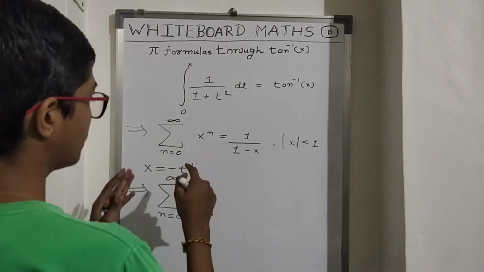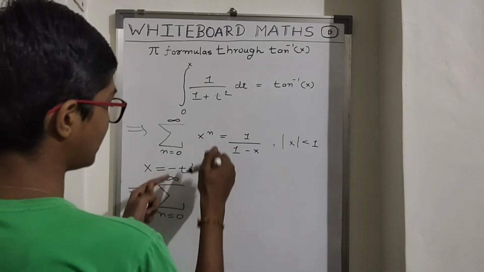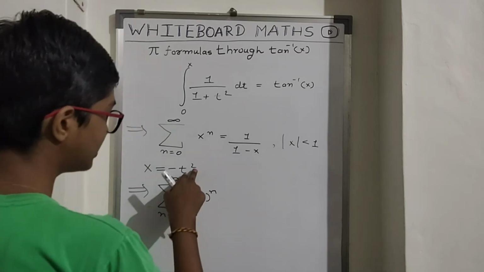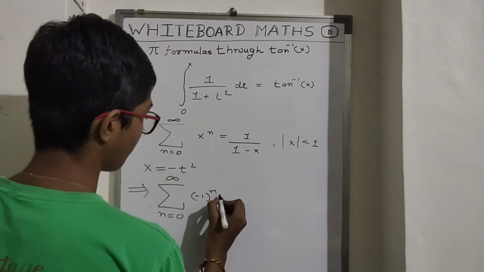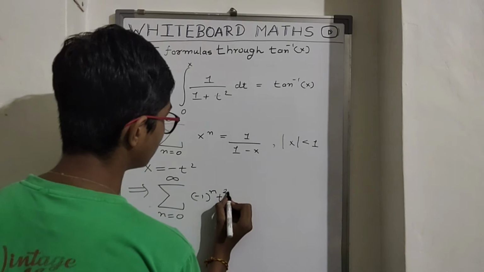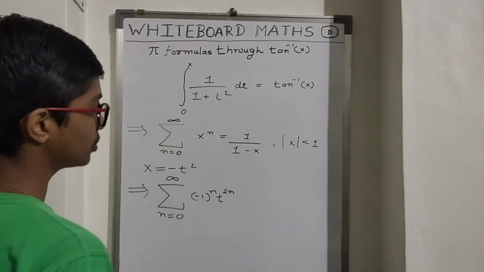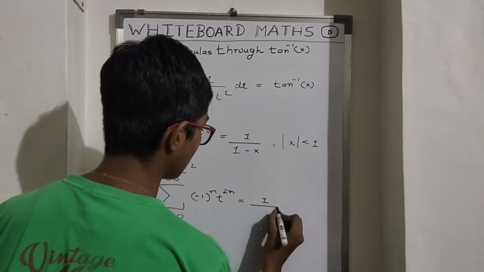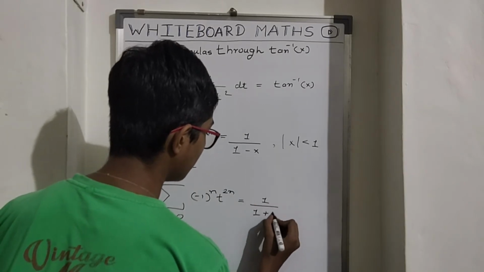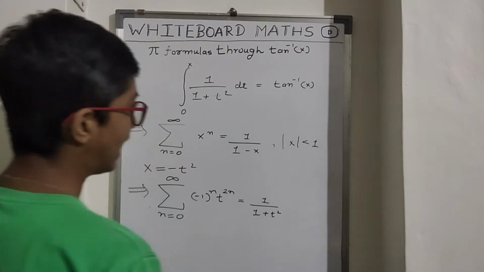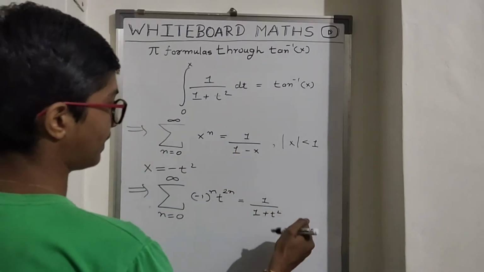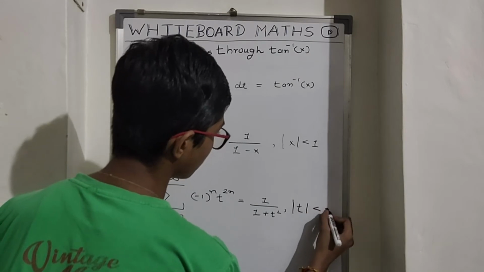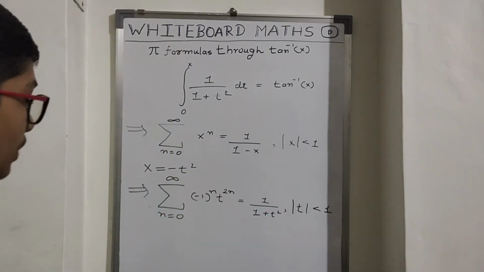The negative sign with the n becomes negative 1 to the n, and t squared becomes t to the 2n with the property of exponents, and here we will be left with 1 divided by 1 plus t squared, and the same condition applies here. The absolute value of t also needs to be less than 1.